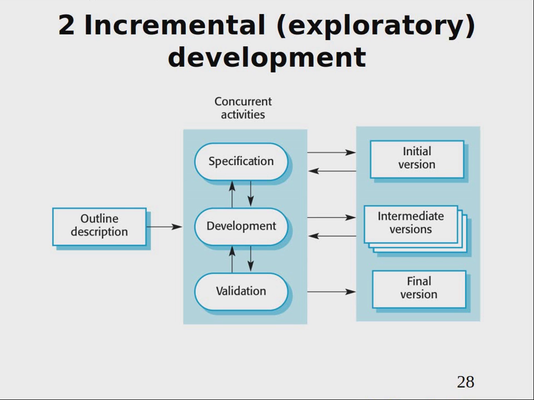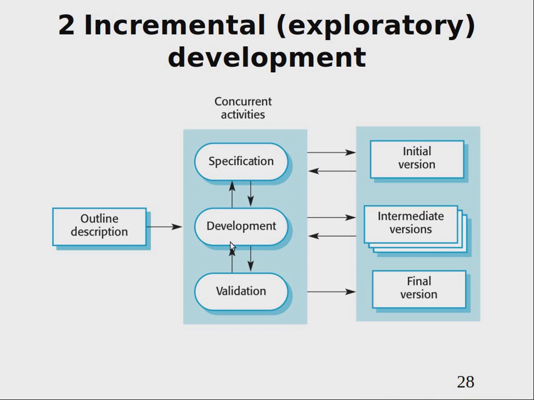And then there are different kinds of approaches. For example, in real life you may do different kinds of concurrent activities. For example, you do specification of the system, so you describe what it should do, then you develop it, then you validate it, which means checking whether you achieved the required goal in this specification.